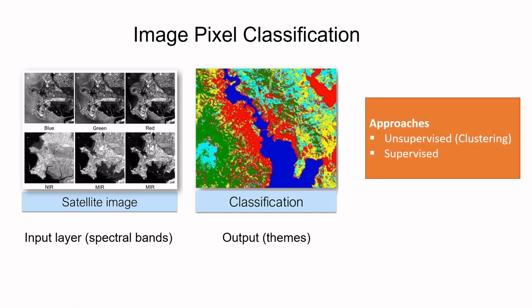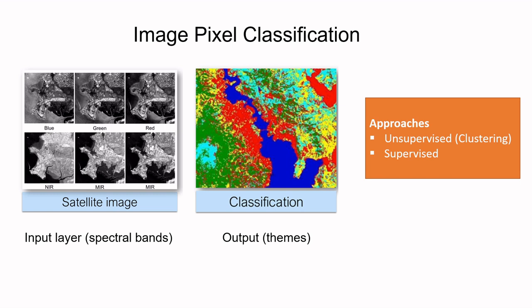So there are 2 methods of classifying image pixels. You are either doing it by an unsupervised method, where essentially you ask the computer to look at the distribution of the pixels and the relationship between each other, then create clusters.